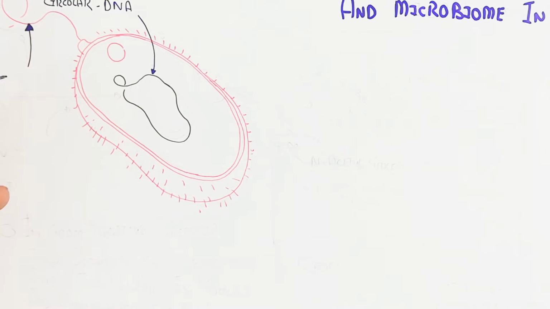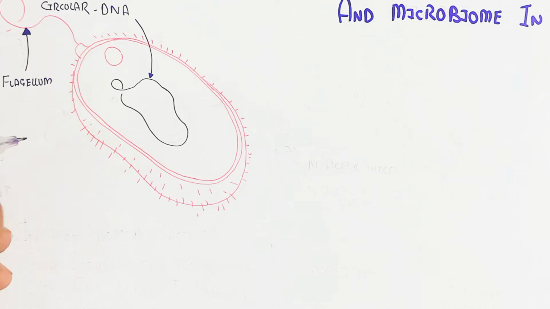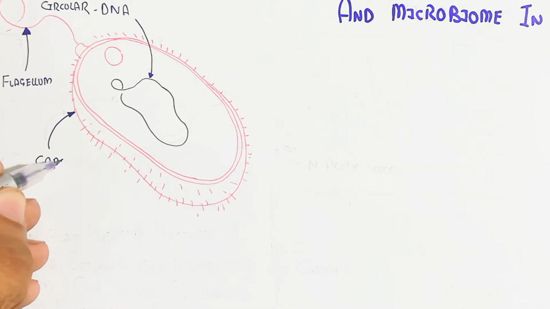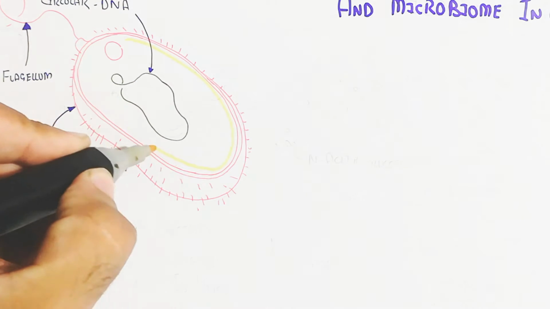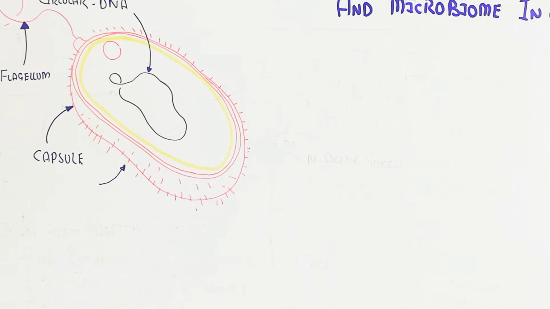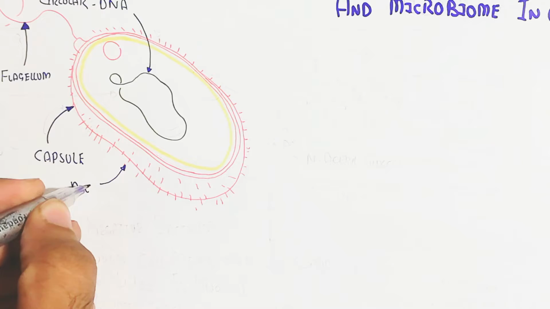On the other hand, extracellular DNA is also present in the form of plasmid. The bubble-like structure is here, and inside are a lot of other organelles.